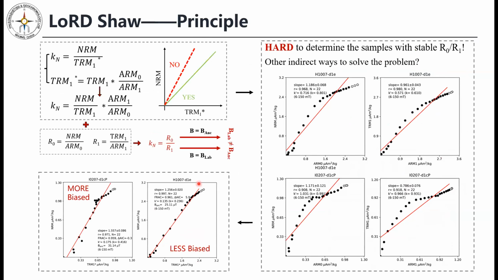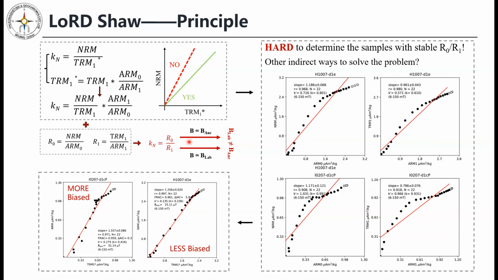And let's come to the last part, the new method. You may remember this formula that we mentioned formerly. The slope of the NRM to TRM1 correction plot equals the ratio of R before and after the heating multiplied by our lab field.